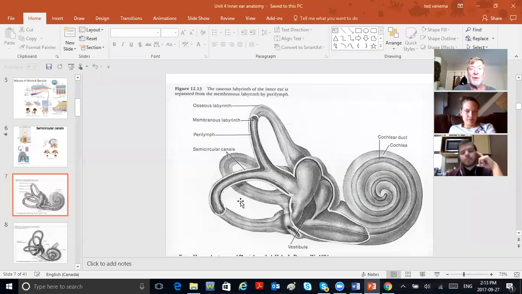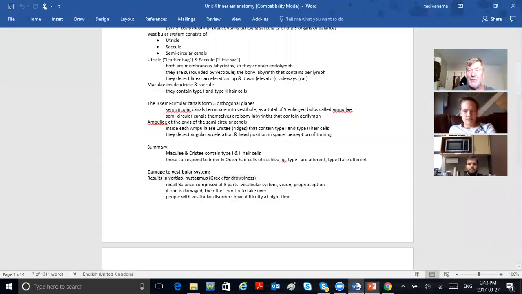It makes one of these canals warm, the one that's closest to your eardrum. And when that happens, your body's getting a message that you're turning. And you're not even turning, but your body's getting a message that it is. And that warm water irrigating your ear makes you get nystagmus in one direction.